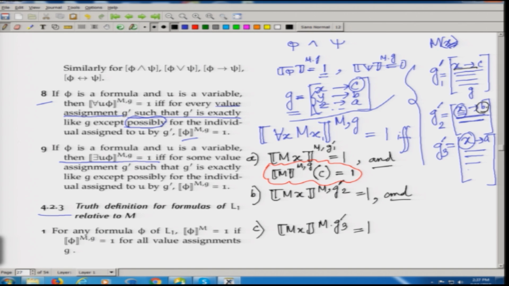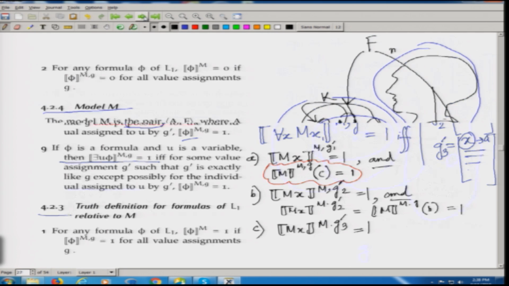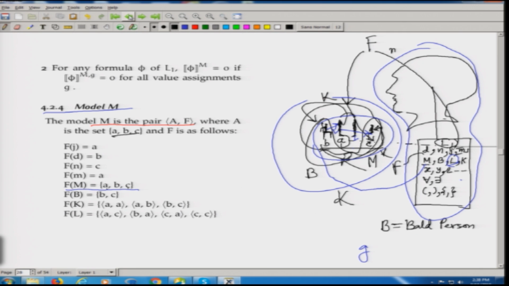This assigns b to x. So, it means mx with respect to m g prime 2. g prime 2 gives b to our variable x, and since everything is part of it, b is part of it, c also is part of it, as we have seen.